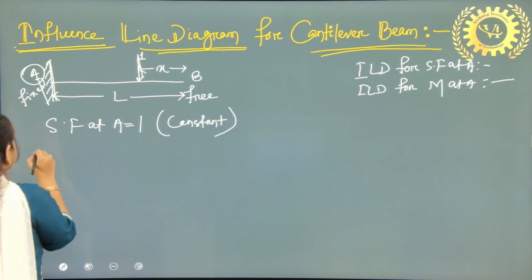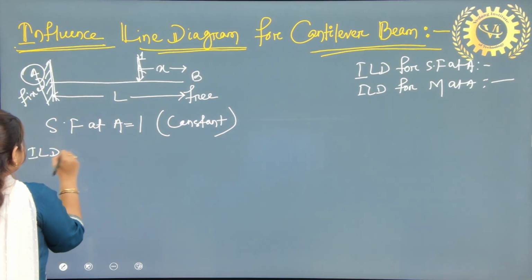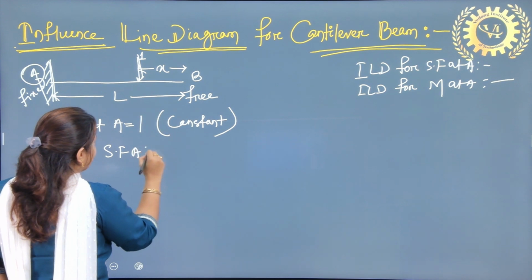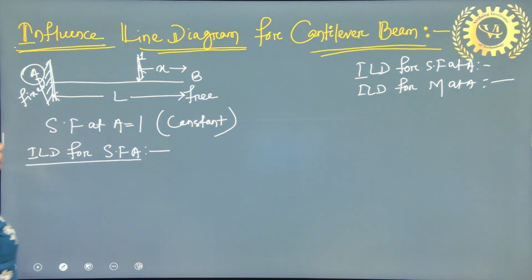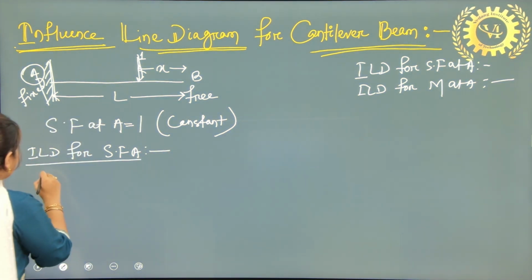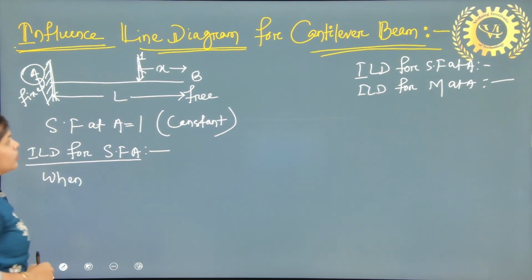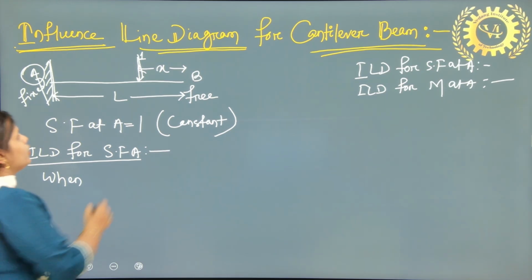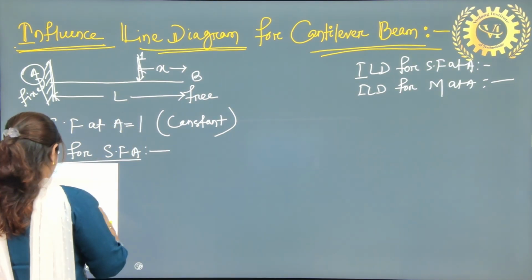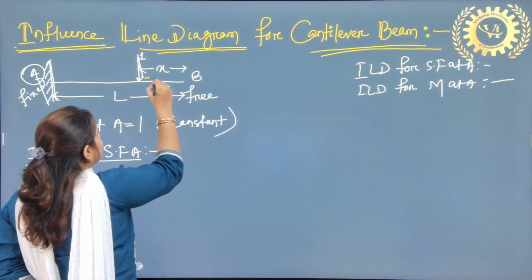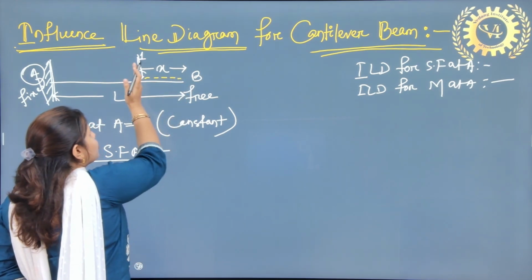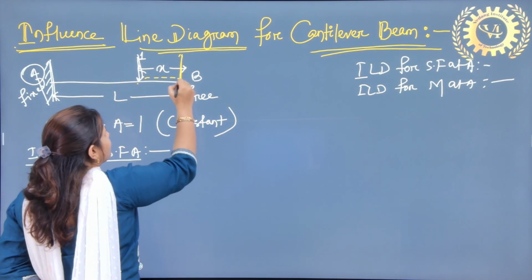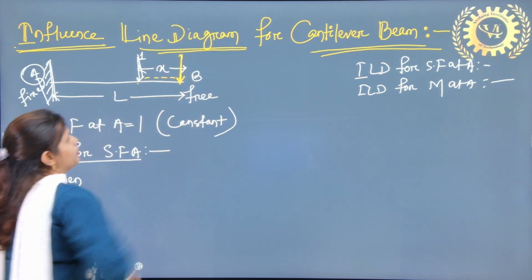So next I can write the ILD for shear force at A when the load changes its position. First we will change the loading position from this to this. If the load 1 moves from this point to this point, this yellow load is your moving load.